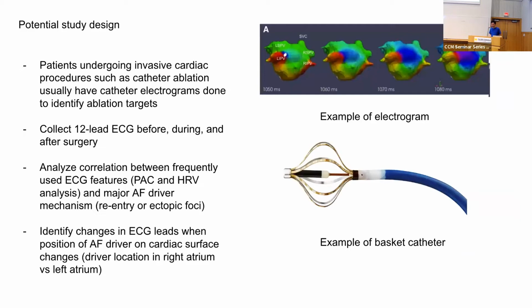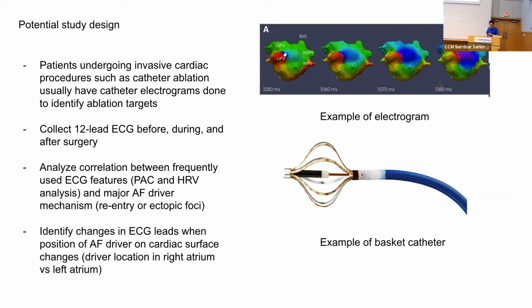A potential study design that I've been thinking about is this: patients undergoing cardiac procedures usually have these electrograms, like the basket catheter you can see at the bottom there, collected during their surgeries, but they also have 12-lead ECG.